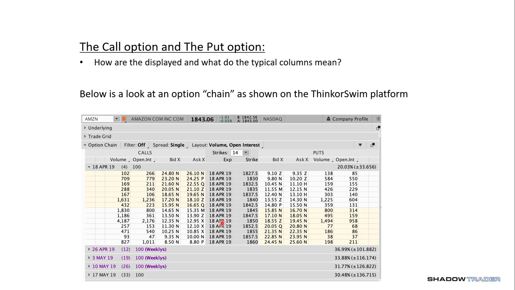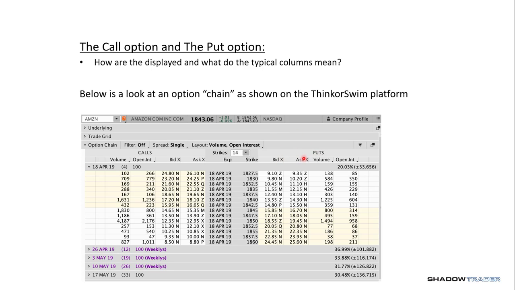This is the expiration date, the date when that option you're looking at expires. We've got the strike price, or the price to buy or sell the underlying at. Then we've got what's called an ask price and a bid price, one for calls, one for puts.